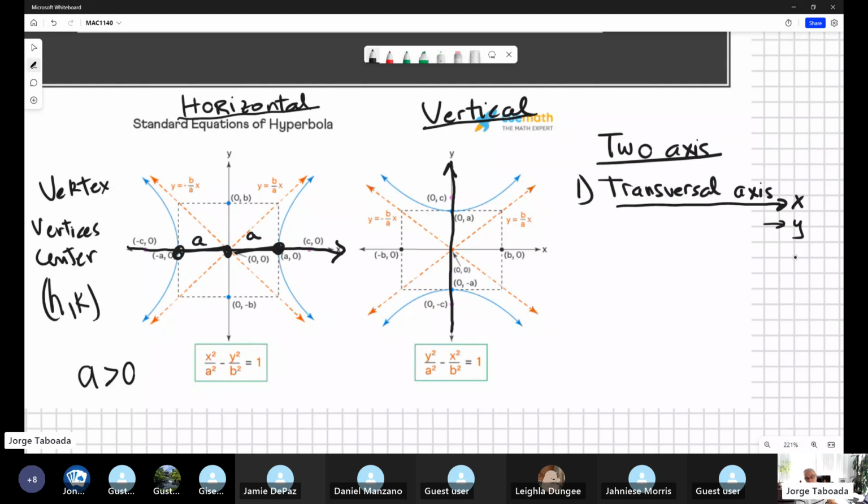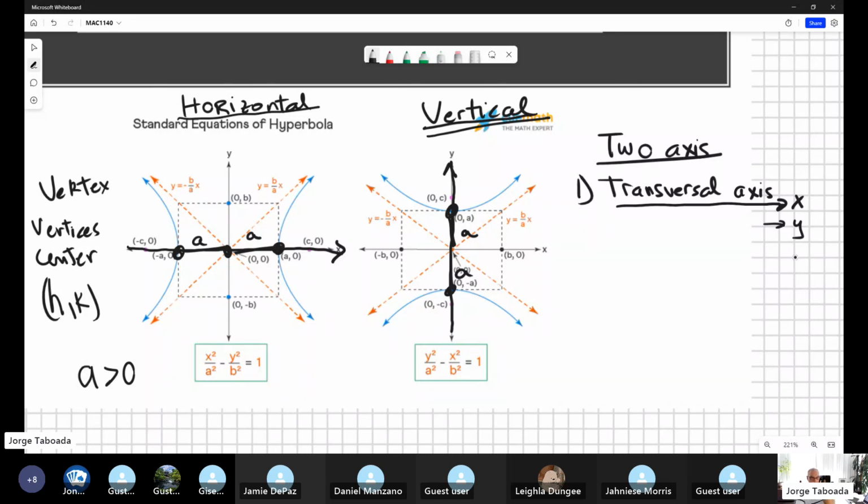In the scenario of the vertical, we have this vertex and this vertex. It's the same idea, but parallel or coincident with the Y. This distance is A, this distance is A. Not necessarily A is bigger than B. It's A and B: A associated with the positive part, B associated with the negative.